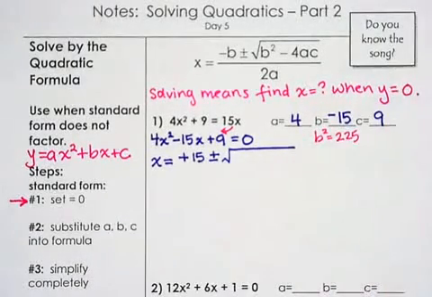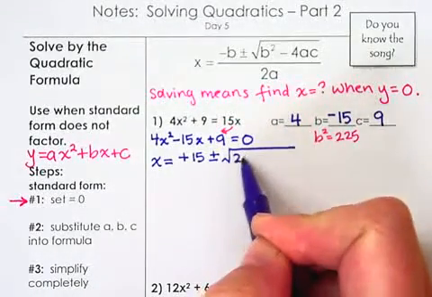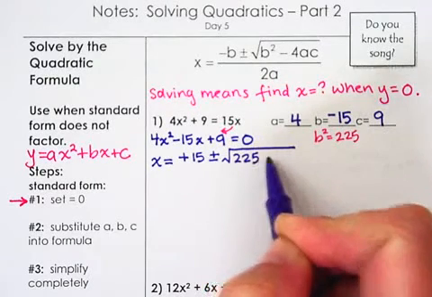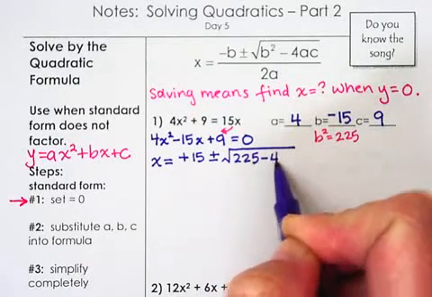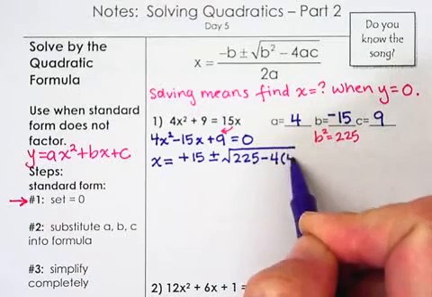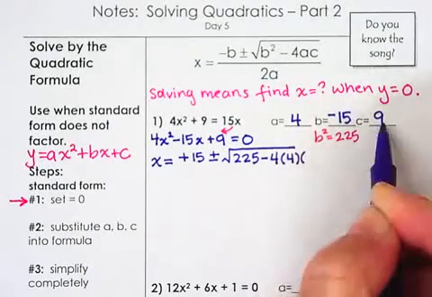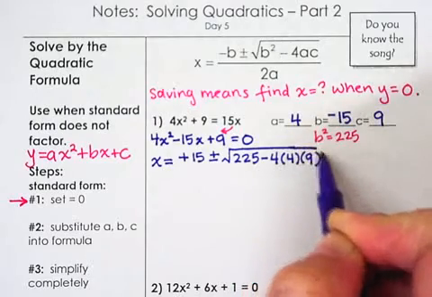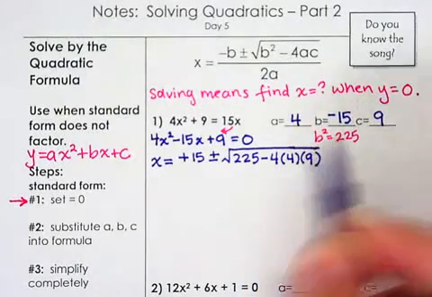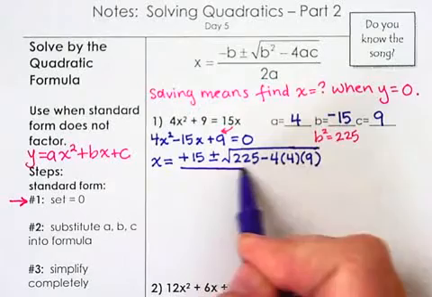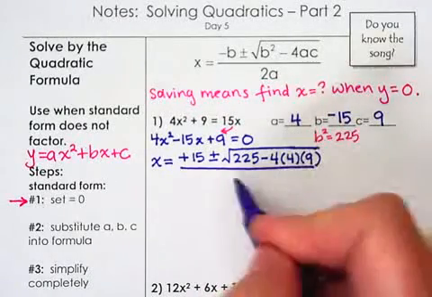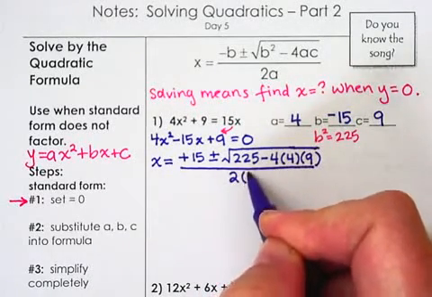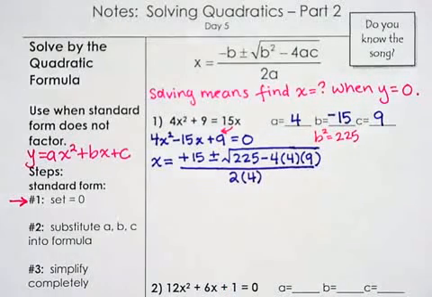So I'm going to use 225 in my equation here to save myself a little bit of time. It's a little bit less writing. Minus 4 times a, which is 4, times c, which is 9. And all of that's inside the square root sign. And then all over 2a, so 2 times a, which is 4.